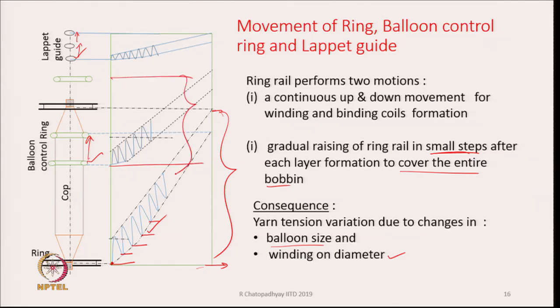So, this much is its movement. The lappet movement starts from here and goes up to there. So, this is the movement of the lappet for the entire bobbin building period. They are all moved up as the ring rail is moving up, and this is all to take care of the balloon size variation. We want to minimize the variation of the size. Obviously, we can't eliminate the variation totally, but we want to minimize it.